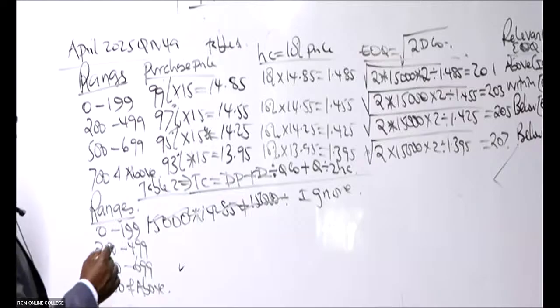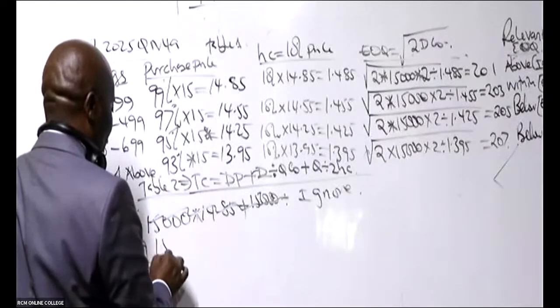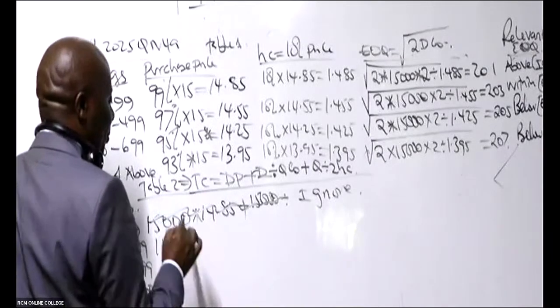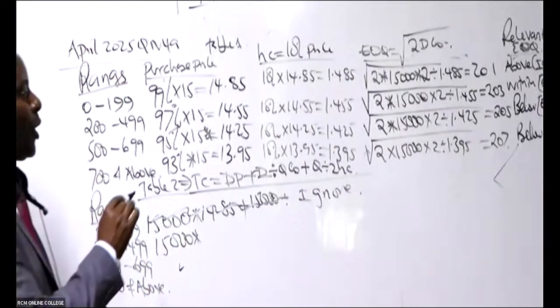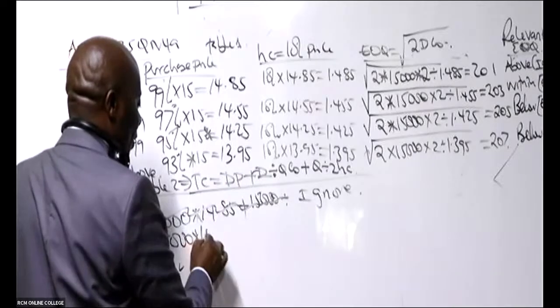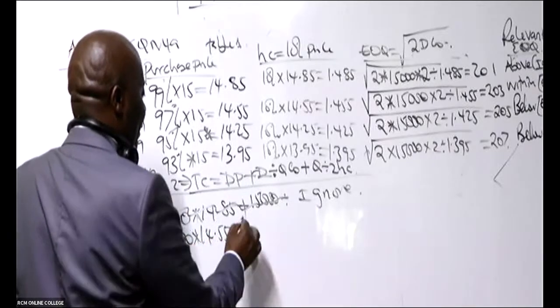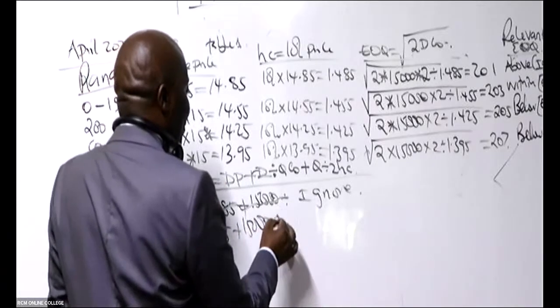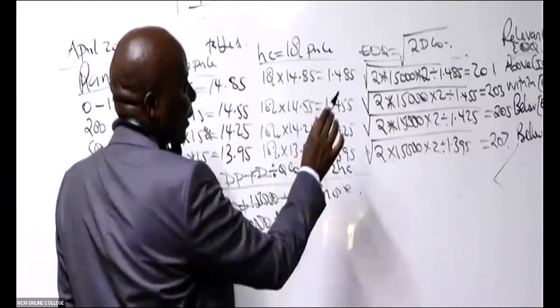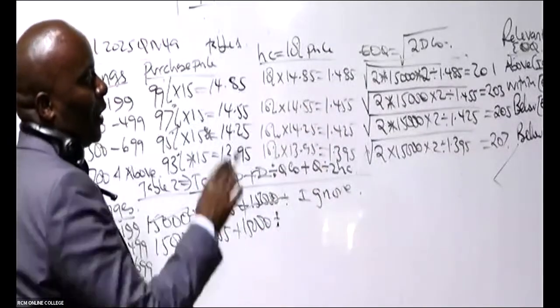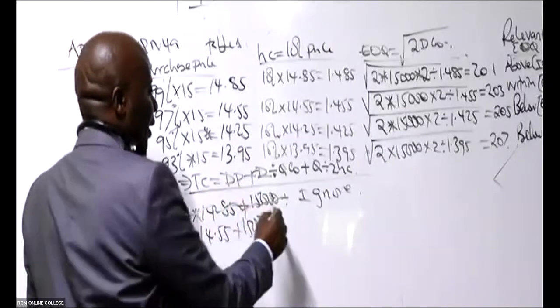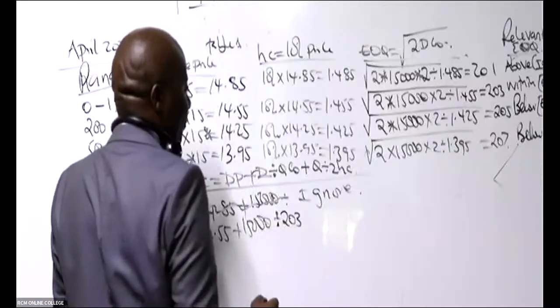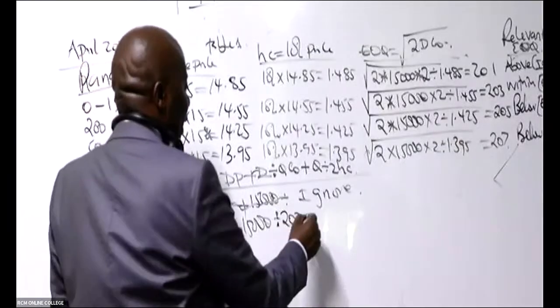For range number 2, we shall take the annual demand of 15,000. How about the price? The price for range 2 is 14.55, isn't it? Plus this annual demand divided by the relevant EOQ, which you have said is 203, times cost per order.